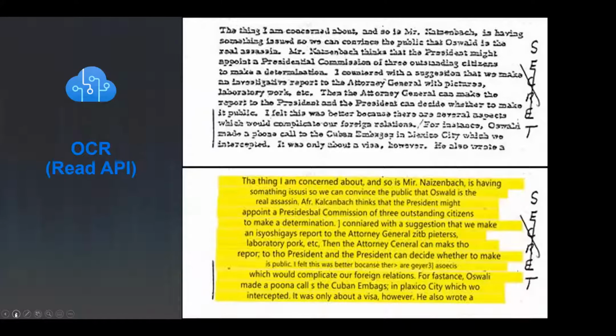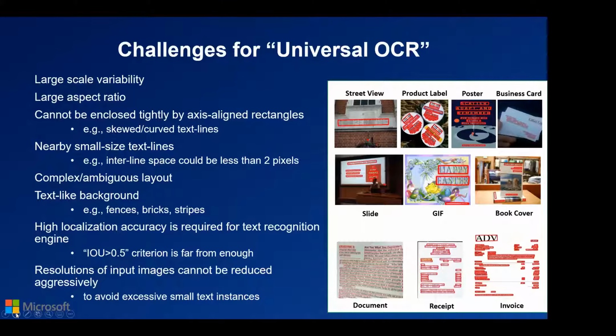So let's jump right into the OCR part. OCR has been a research topic for many, many years. I think recently, with the popularity of mobile, the input to OCR has become more wild.